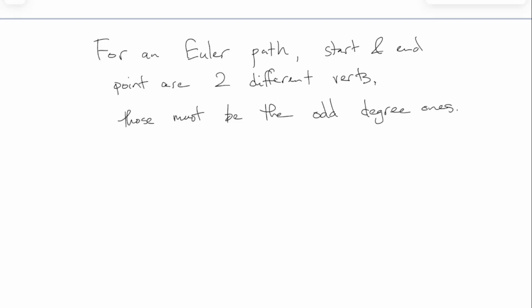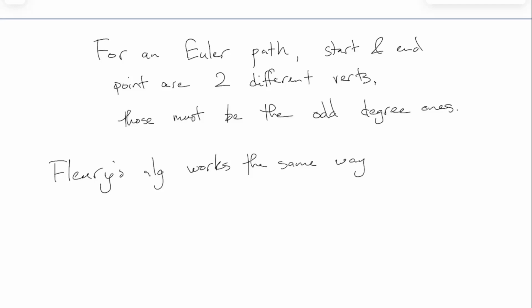So you do the same, I'll just say Fleury's algorithm. Fleury's algorithm works the same way. The only difference is you have to be sure to start at one of the proper starting points, and that is the two odd degree vertices.